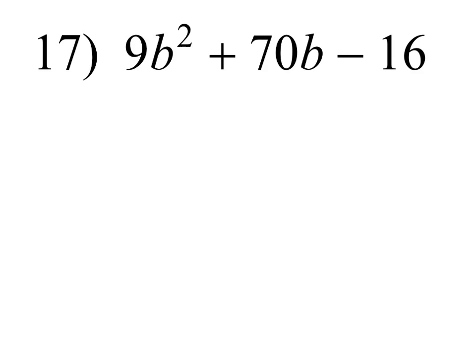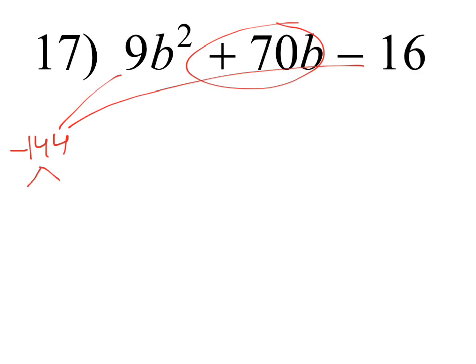So on this one, let's see, 3 doesn't go into all those, and so we're out of things that can divide into those. Anyway, when you multiply these together, you'll get negative 144. And when you figure out what factors of that add to give you negative 70, it's looking like we're going to have a fairly large number and then a fairly small one in comparison.